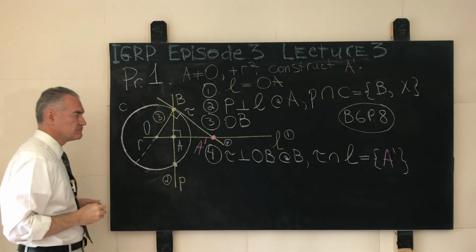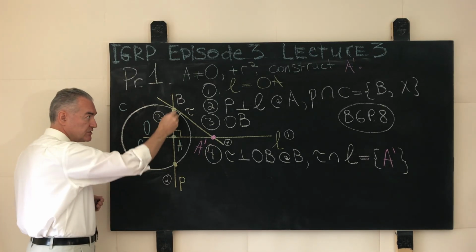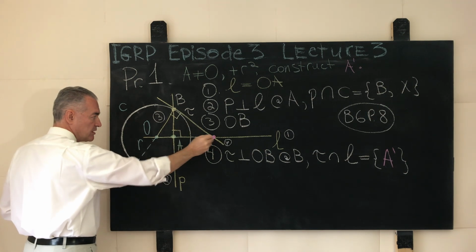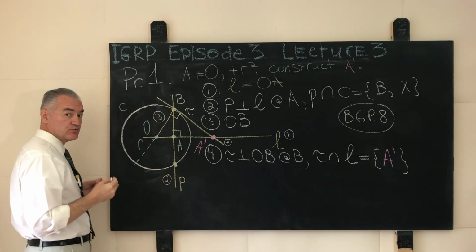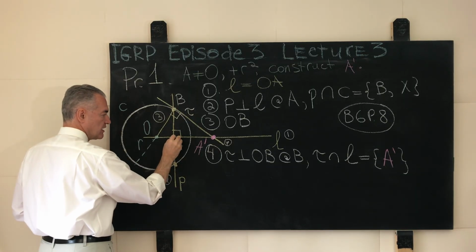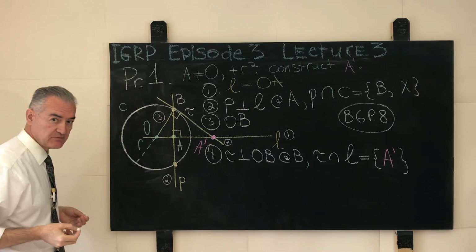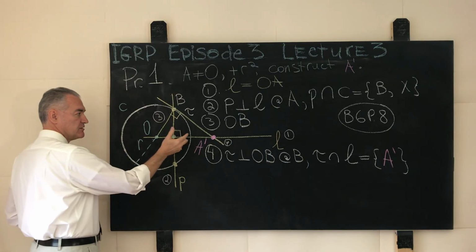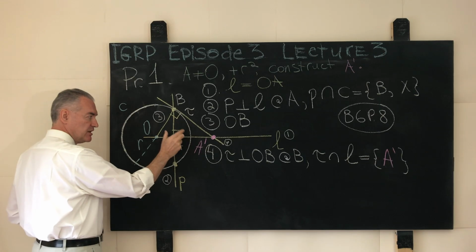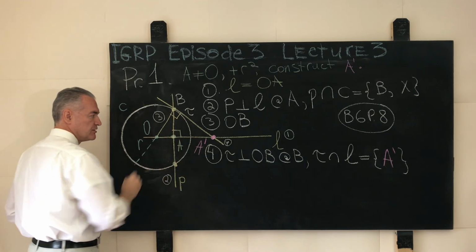This angle is right. Consequently, this height of this triangle OBA prime partitions this triangle into smaller right triangles OAB and ABA prime. Each of these triangles is also right. These two smaller triangles are similar to each other, and each one of these triangles is similar to the parent triangle.